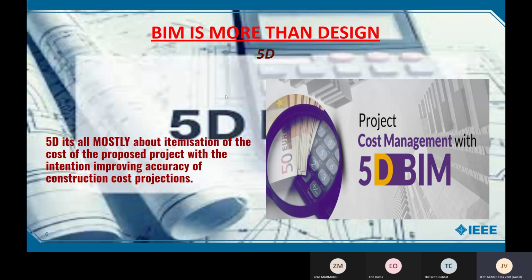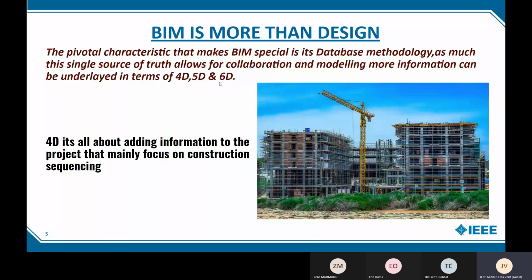When it comes to BIM, BIM has different stages. We talked about 3D, where we defined it. It's mostly about modeling. Then we had 4D, which is adding information to your project that mainly focuses on construction sequencing, like how the building rises floor after floor.